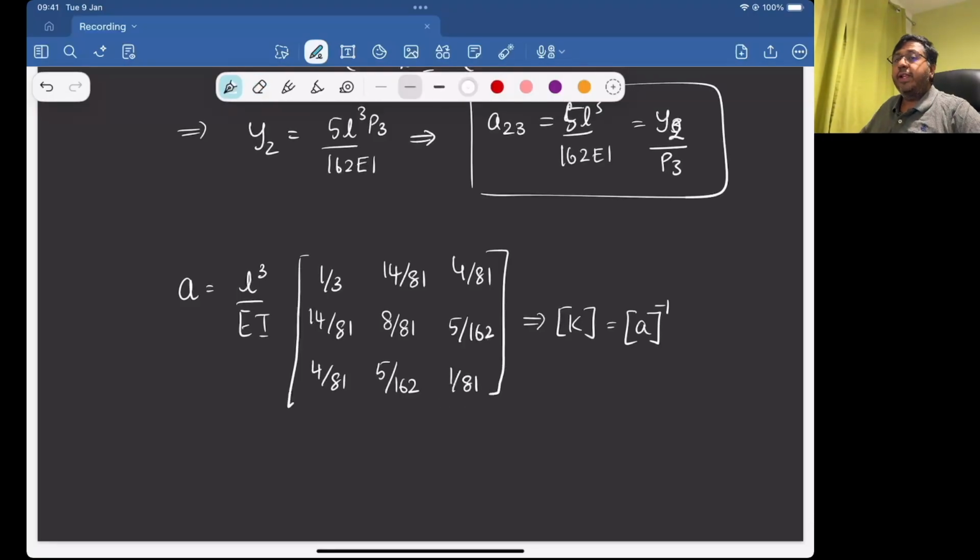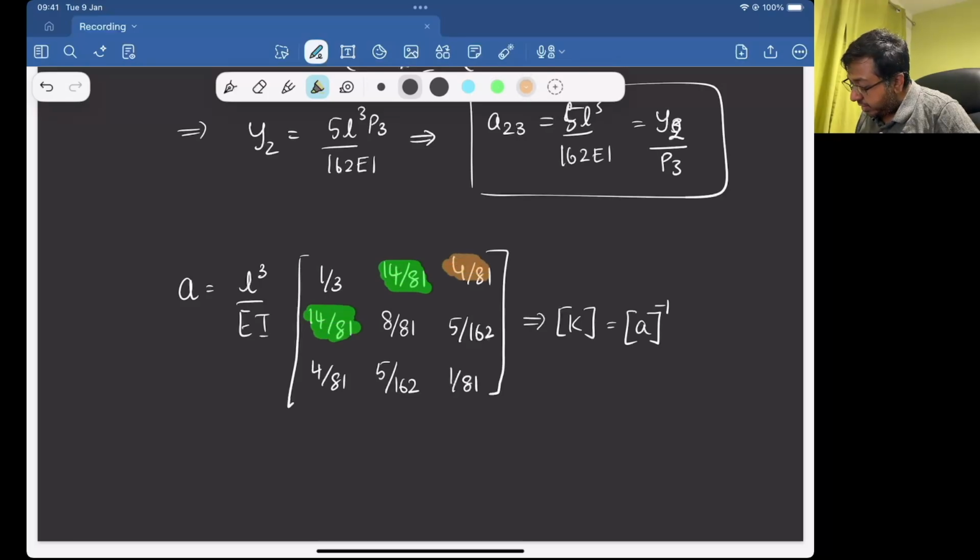One thing we might want to notice at this point is that there's a symmetry here. Let's highlight that symmetry. This number is the same as this number, this is the same as this, and this is the same as this. That means we have a symmetric matrix.